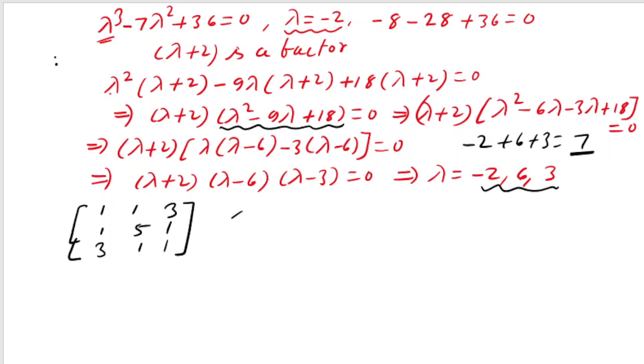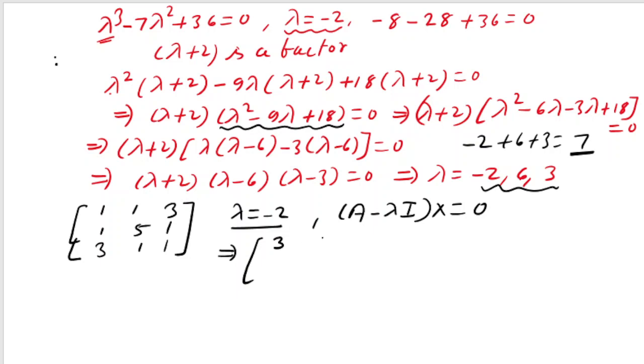Now for lambda is equal to minus 2, to get the eigenvector we have to solve the system A minus lambda I x is equal to 0. So for lambda is equal to minus 2, this will be A plus 2I, means I have to add 2 to the main diagonal. So I will get 1 plus 2 is 3, 1, 3, then 1, 5 plus 2.